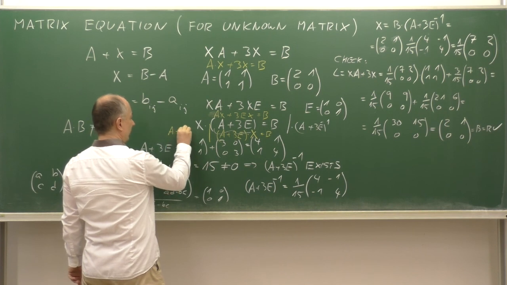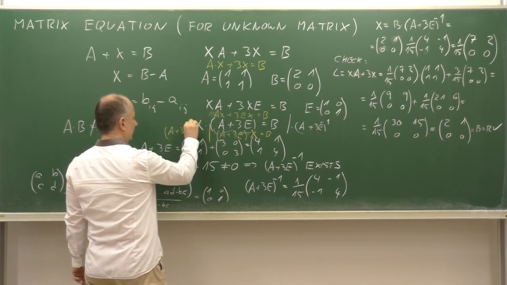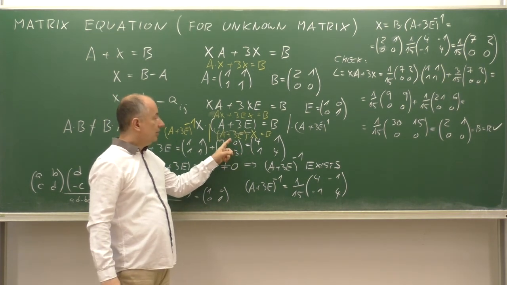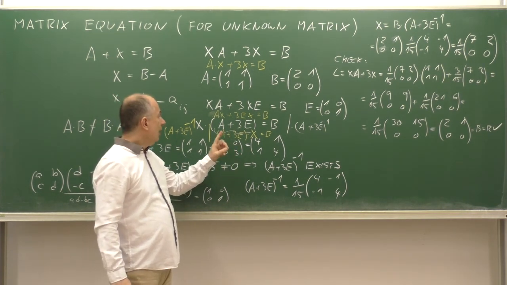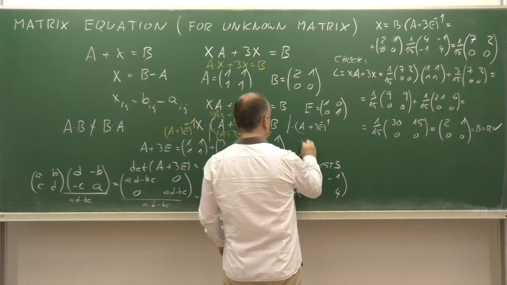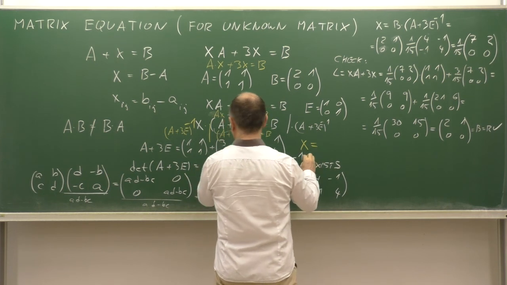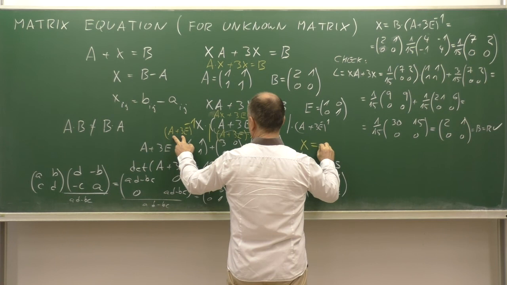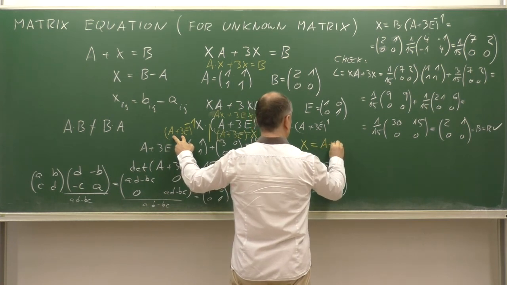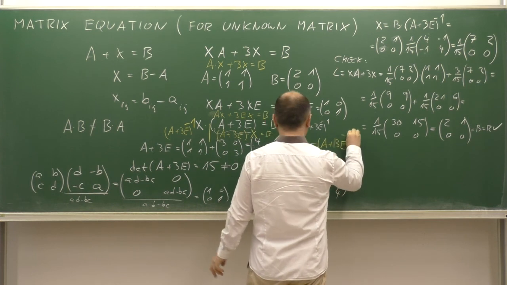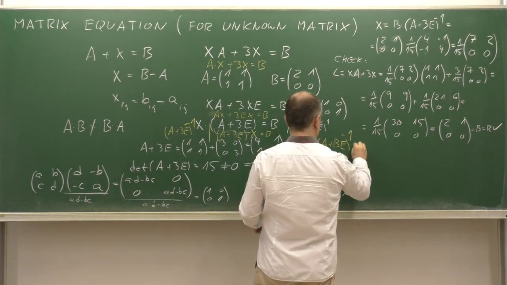A plus 3E inverse. We multiply by this from the left, because this is on the left. And then we arrive at the result that X is A plus 3E inverse times B.